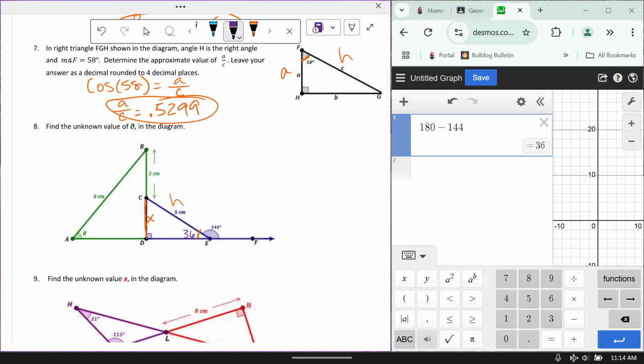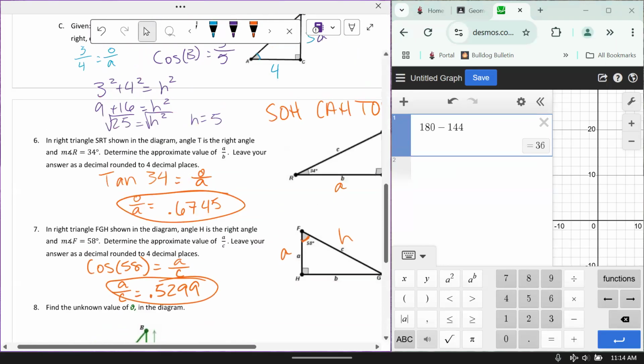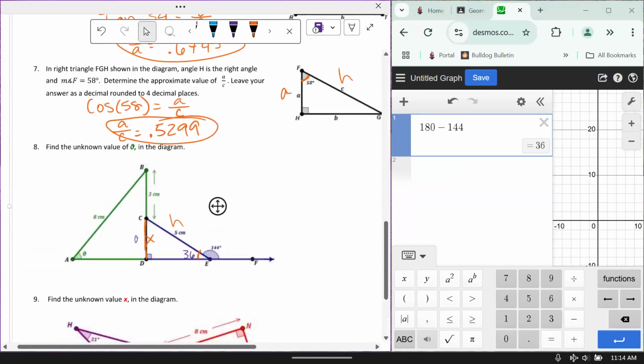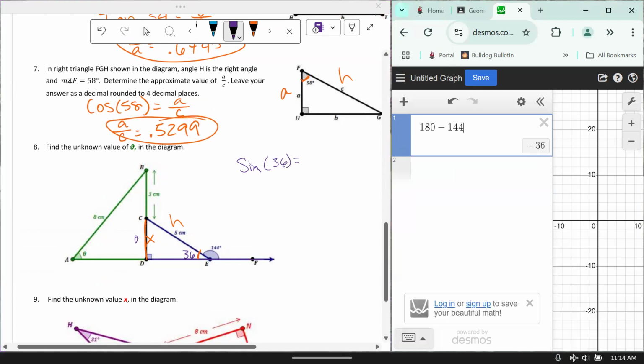Now, in 36, this x in reference is an opposite. And then again, we got our hypotenuse. So again, if we look at our SOHCAHTOA, opposite and hypotenuse is sine. So we can do sine of 36 equals our opposite x over our hypotenuse 5. All right.